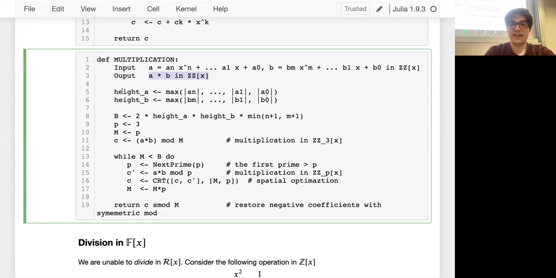So we have to get the height of A and the height of B, which isn't too hard. You just scan all of its coefficients and find the biggest one. Then you compute your bound, which is exactly the same bound that we worked out: 2 times the height of A times the height of B times the minimum number of non-zero elements in both. I don't actually count the non-zero elements here.